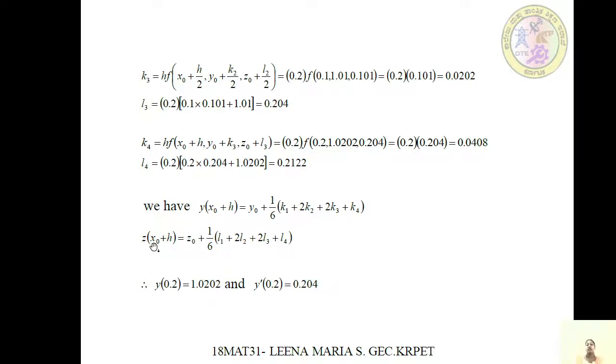Again, to find z of x naught plus h, that is equal to z naught plus 1 by 6 into L1 plus 2 L2 plus 2 L3 plus L4. Substituting the values of z naught, L1, L2, L3 and L4, we get the value of z of 0.2, that is nothing but y dash of 0.2 as 0.204. Thus we get y of 0.2 and y dash of 0.2.